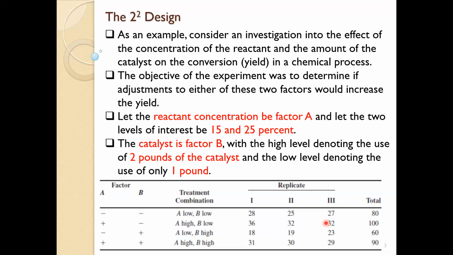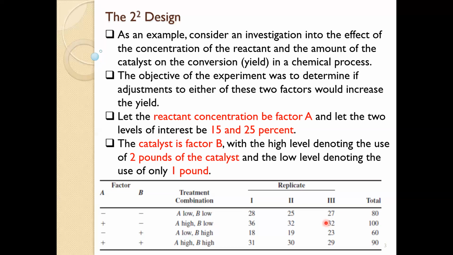Right. For this case, we have the concentration as factor A. Factor A is the concentration of reagent. Factor B is catalyst, in terms of the amount of catalyst. Okay, we have 2 factors. Concentration has 2 levels, 15 and 25%. Concentration of A.